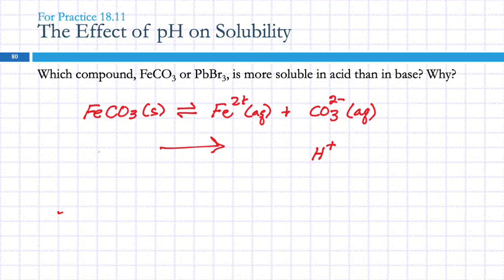Lead's a big guy. It's too big to form a water complex. It's not going to act as an acid. It's the small, highly charged ions. So like cobalt and iron, those guys are small. They're up there in the fourth period. Whereas lead is down in the sixth period. And as you go down, things get bigger.